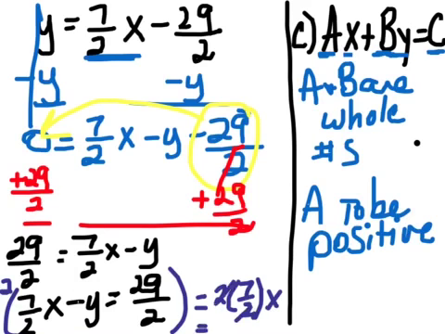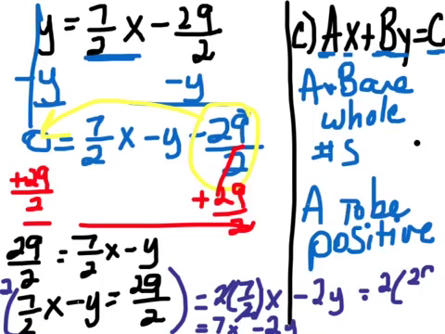I'm going to have to squeeze that in down here because I'm running out of room. Then you would say minus 2 times your y, so that just becomes minus 2y. And then on the other side, 2 times 29 over 2. The 2's cancel out, and that would be equal to 29. So 7x minus 2y is 29.